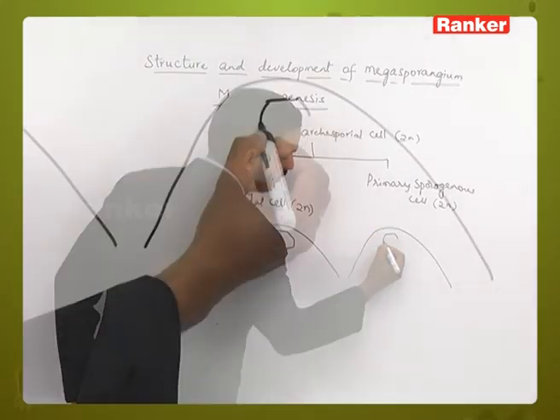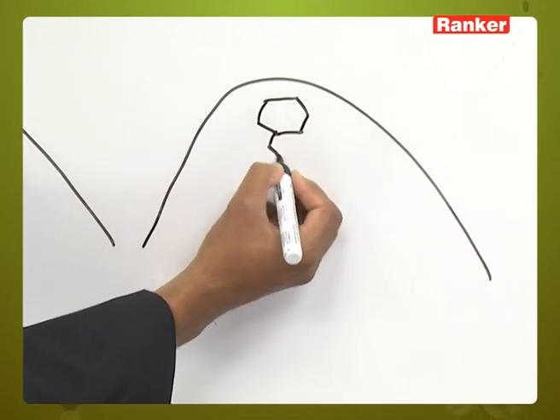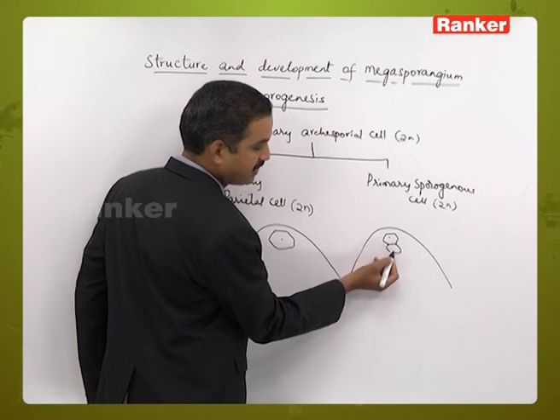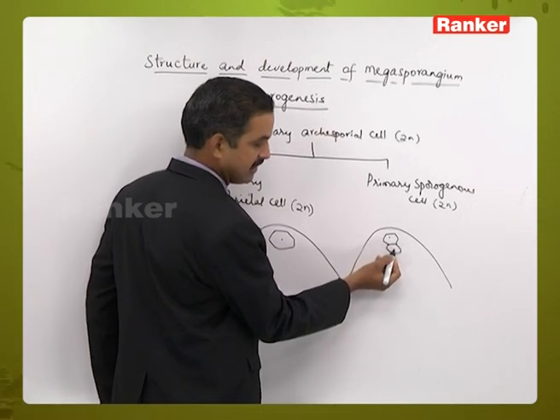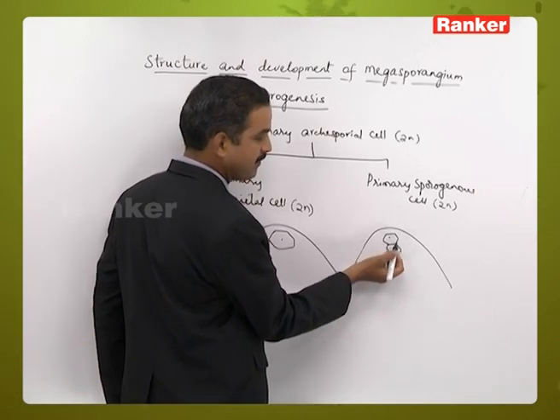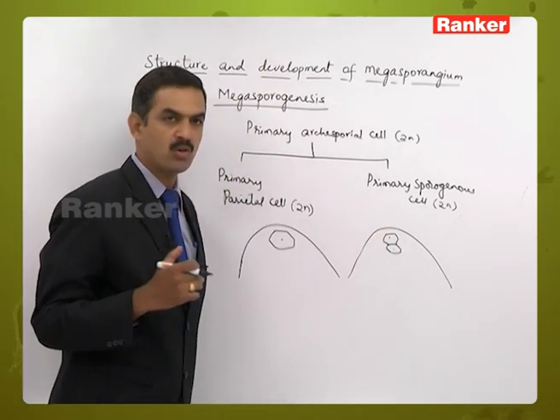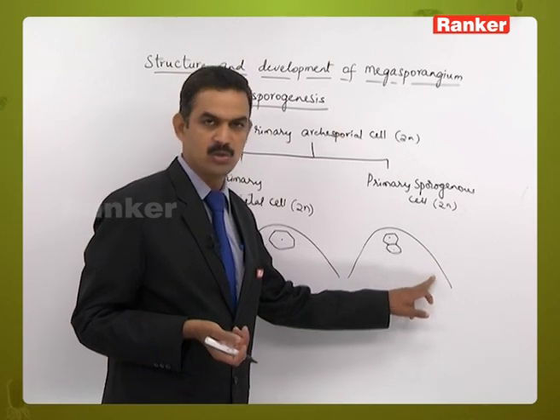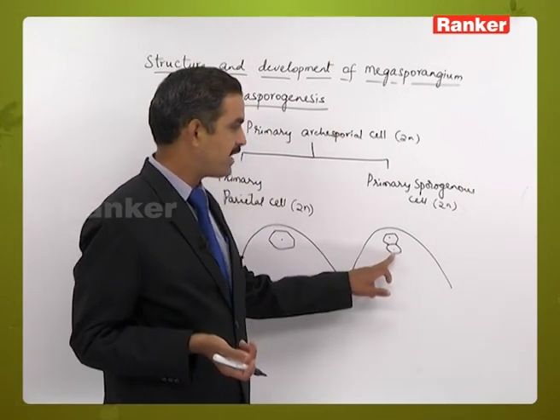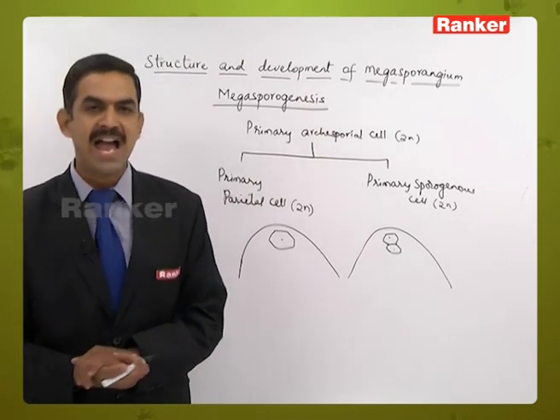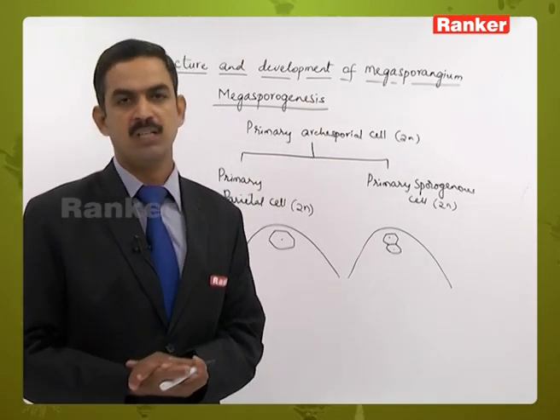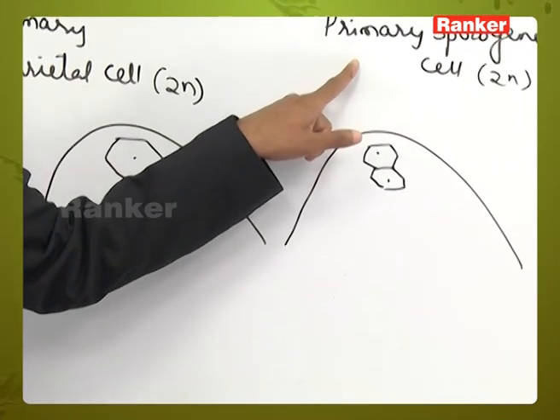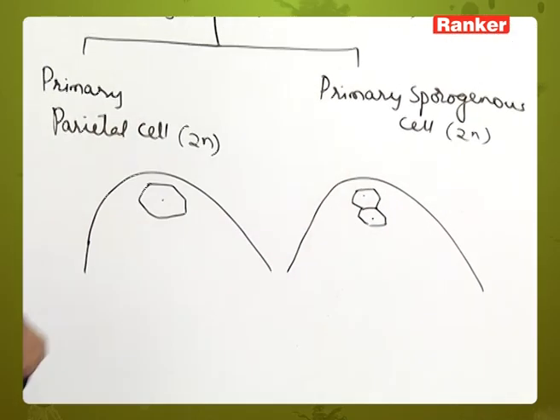The upper one, towards the outside, is called the primary parietal cell, and this one is the primary sporogenous cell. The primary parietal cell will undergo repeated division to add cells towards the outer side, adding cells to the nucellus, whereas the primary sporogenous cell will now act as a megaspore mother cell.